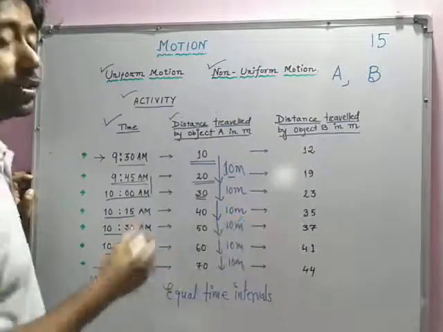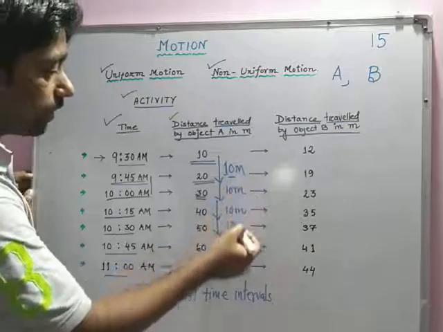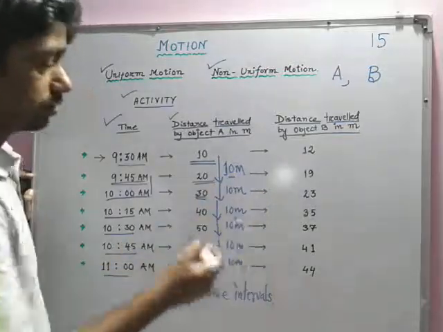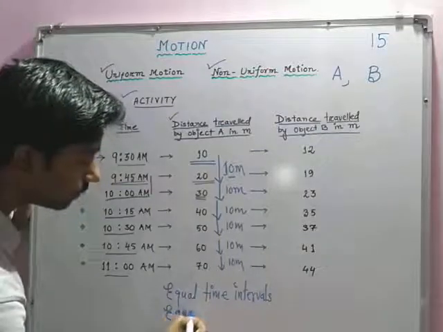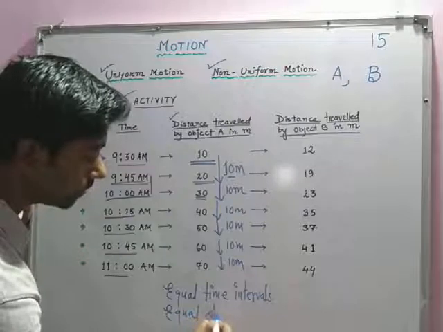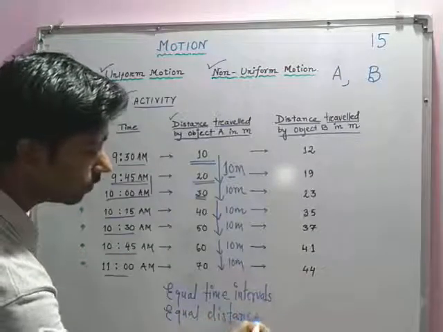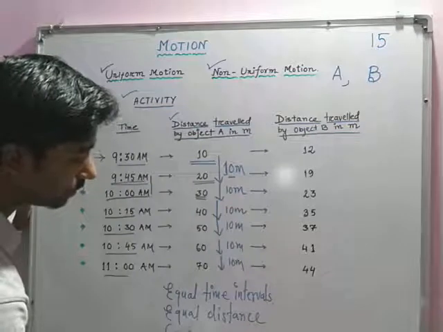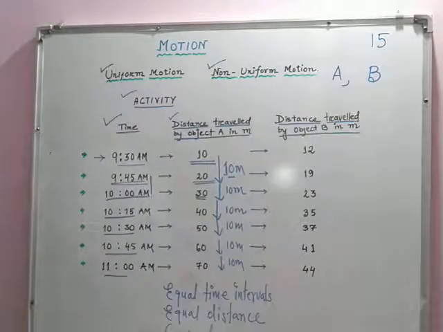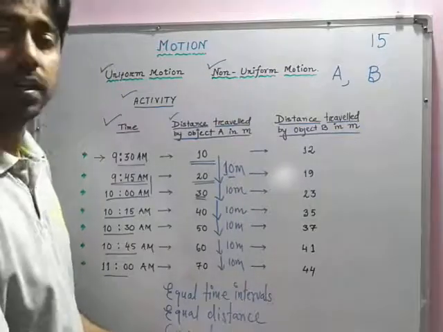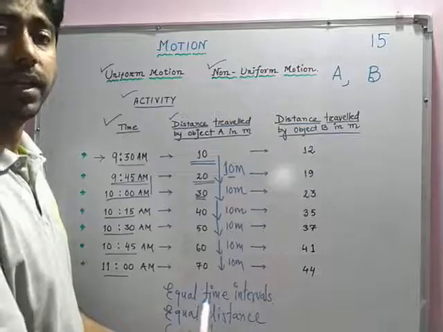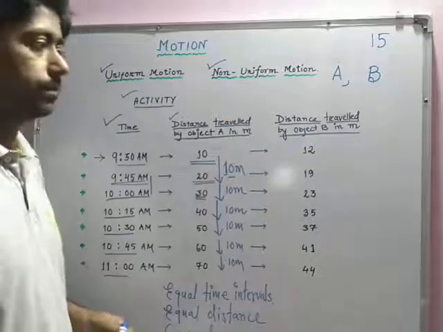So let us write equal distance covered. So in case of object A, in equal intervals of time, equal distances are covered.